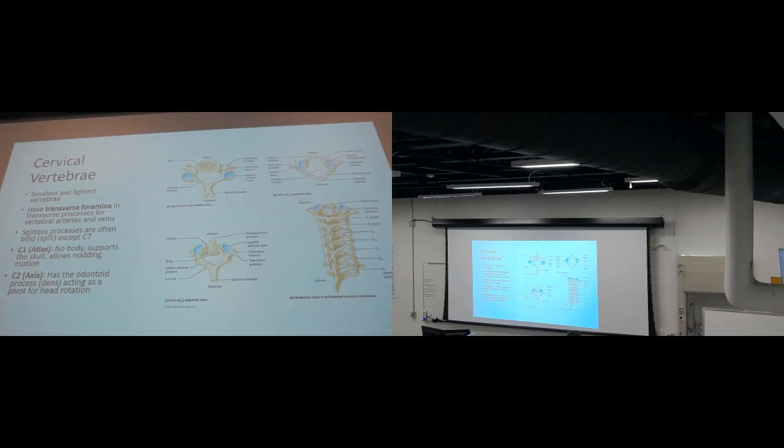So then, this is the axis, or C2. Axis, as any other vertebrae, has a body. And in the superior portion of the body, which is this, it has a little projection that is called odontoid process. Odontoid, or dens.